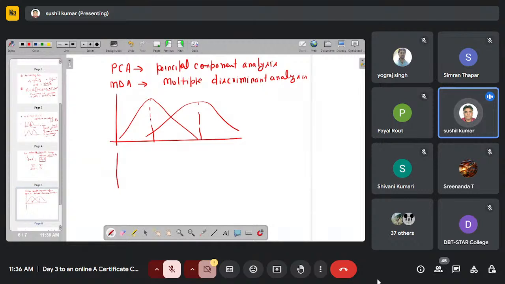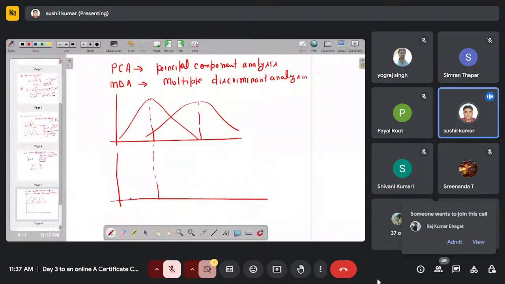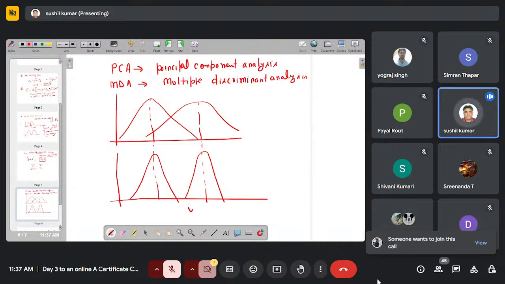Through variances we will try to separate the classes. You are not doing anything with the mean here; the mean stays the same, and you separate the classes with the help of variances. This is for MDA, not for PCA.